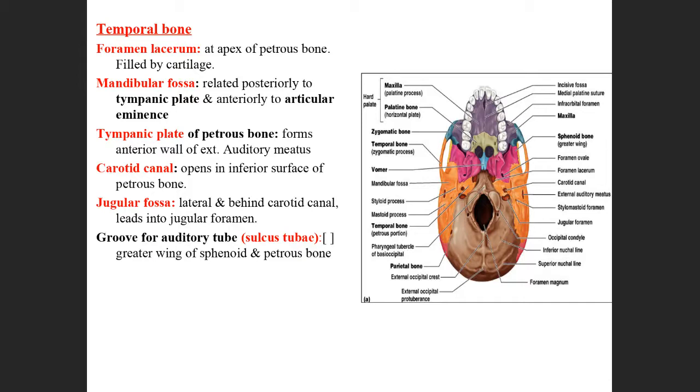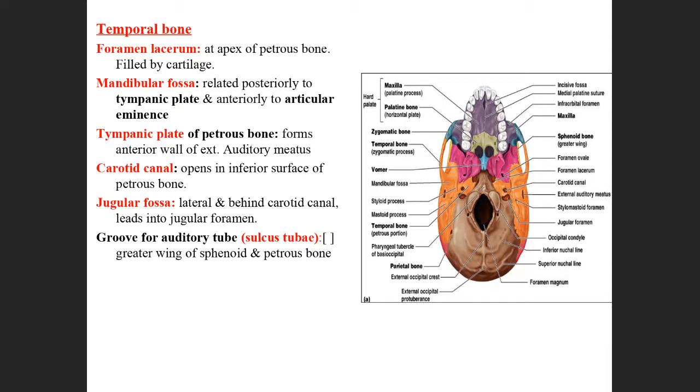Where are these canals present? In the theoretical part, you have to read all these things, where they are present and what their importance is. When you see them in the lab, it is easier to understand all these structures.